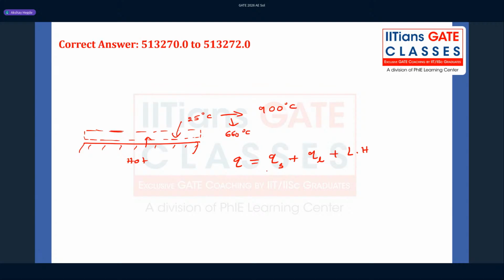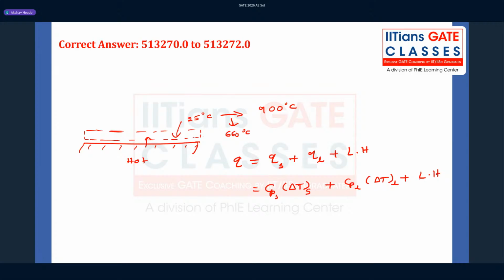Now it is going to be very straightforward. The amount of heat transferred per kg of system is nothing but Cp in solid state times delta T in solid state, plus Cp in liquid state times delta T in liquid state, plus the latent heat.